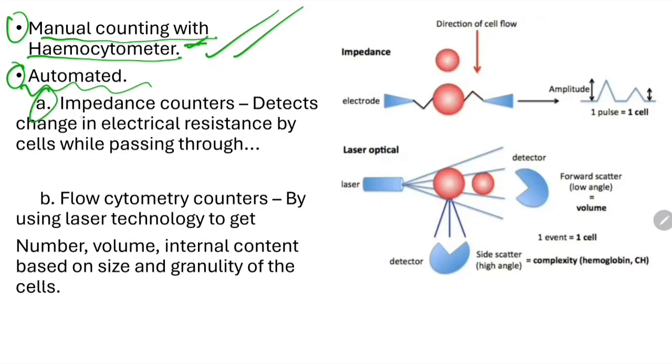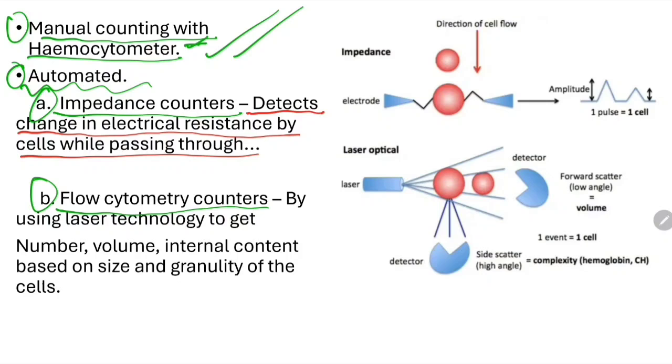One is impedance counters and the second one is flow cytometry counters. So first, what is an impedance counter? An impedance counter detects change in electrical resistance by a cell while passing through.